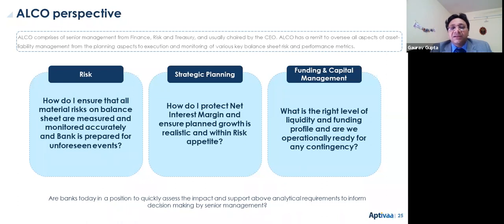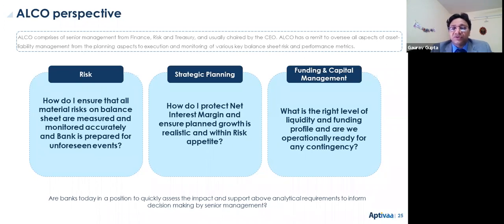From a strategic planning perspective, this must be mainly the view of the CEO. His main idea will be whether our net interest margins are protected, or are we taking enough risk to grow, or whether we are within our risk appetite. And from a CFO perspective, who is mainly responsible for capital management or funding management, the question is what is the right level of liquidity our organization should have, or what is the right funding profile.